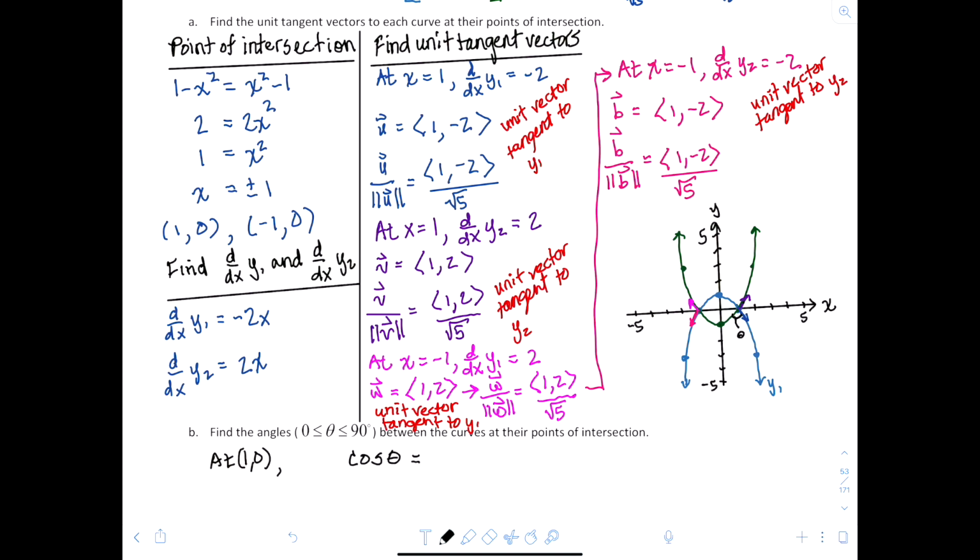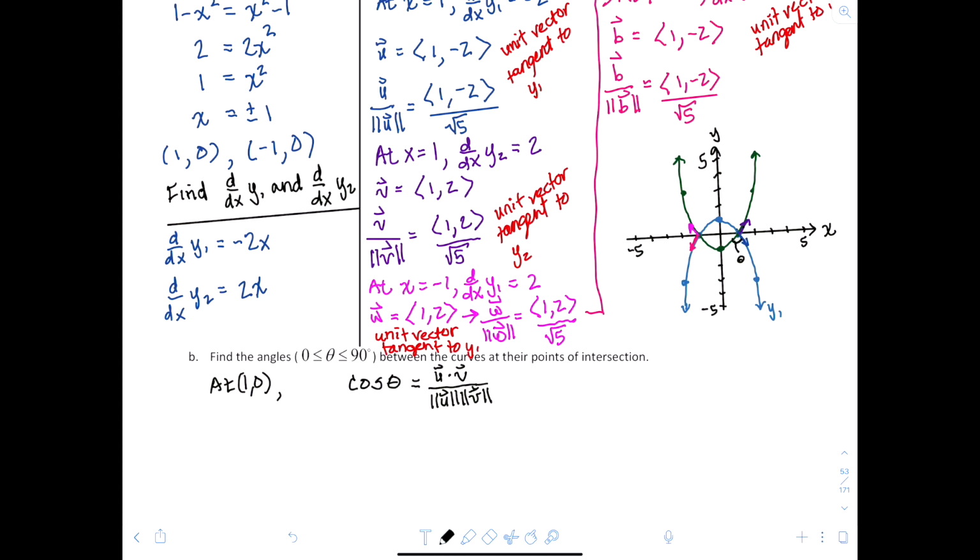I named them all different things. At 1, 0, we'd have the purple vector and the blue vector, right? So we would have u dot v, that's what I had named them, over the magnitude of u times the magnitude of v, and that's just from the formula for cosine of the angle between two vectors.